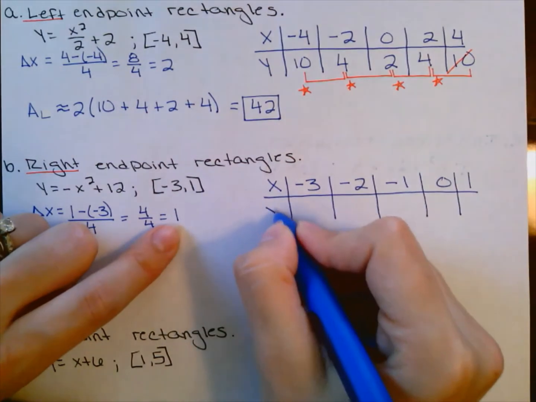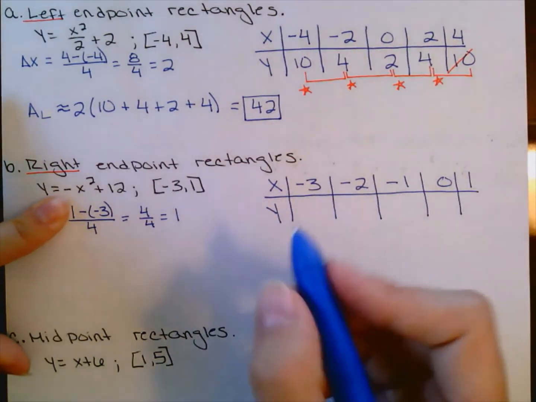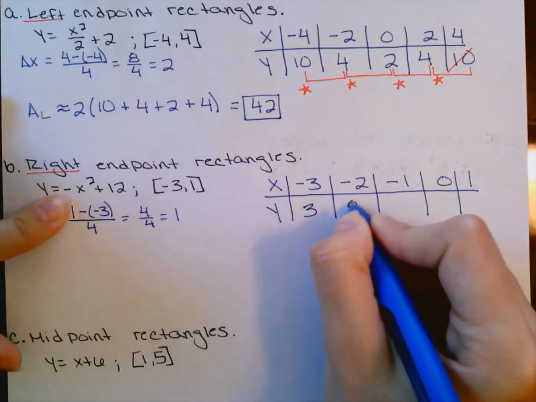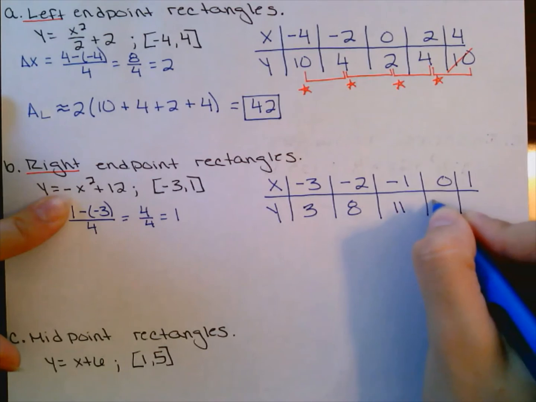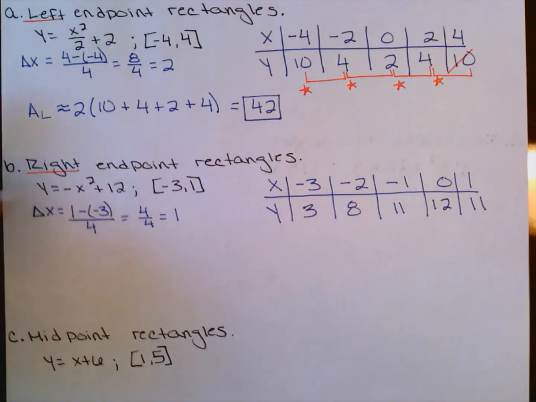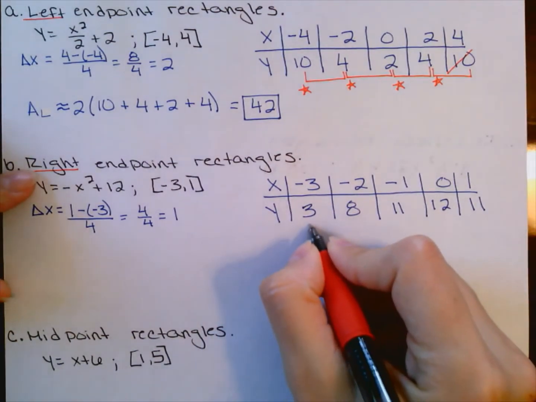Okay? Now I'm going to get my y's just by plugging these x's into this equation. So now that I know my y values, I'm going to draw my rectangles, right?